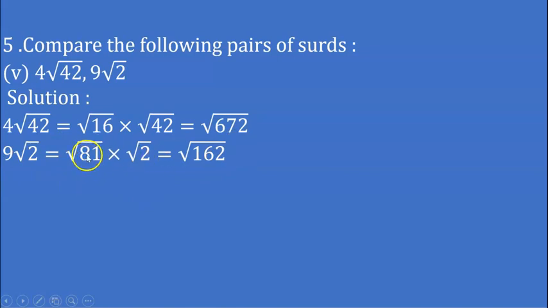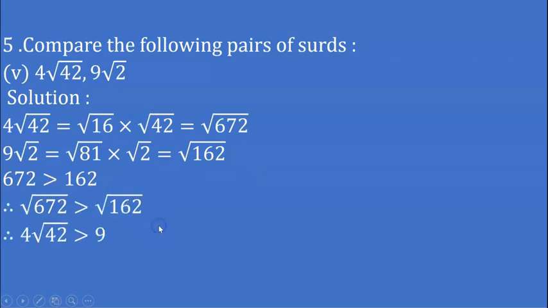Again root of 81 into 2 means root of 162. And here again root of 672 is greater than root of 162, as 672 is greater than 162, and hence 4 root of 42 is greater than 9 root 2, and this is the answer.